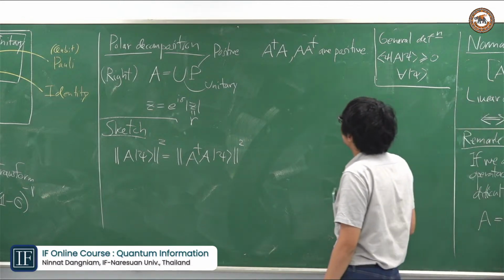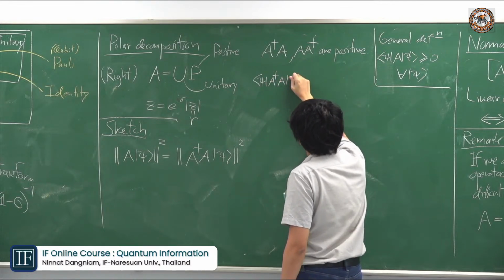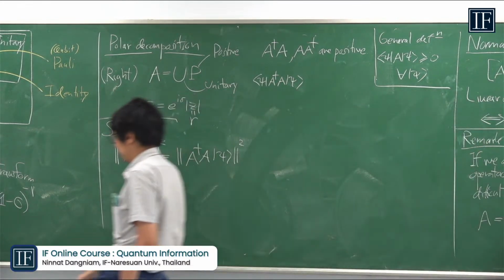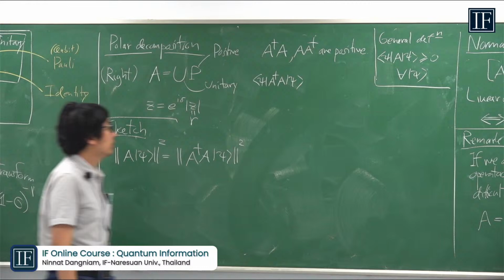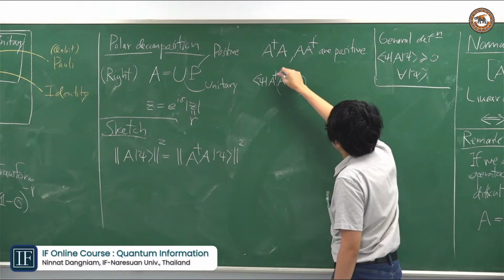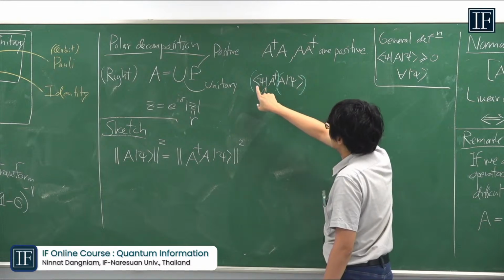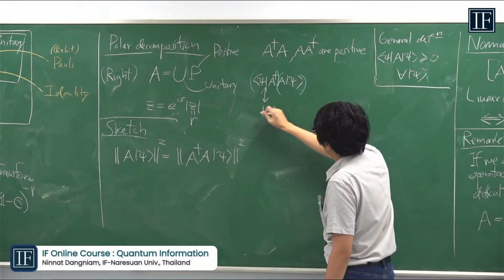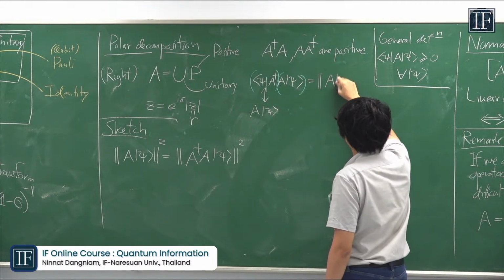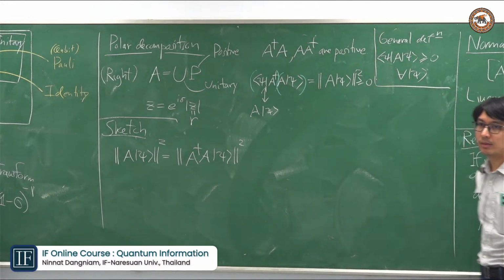So the way to see this: I can consider this and this separately. And this would just be the bra that's corresponding to this ket, and therefore this is just the norm squared, which has to be positive.